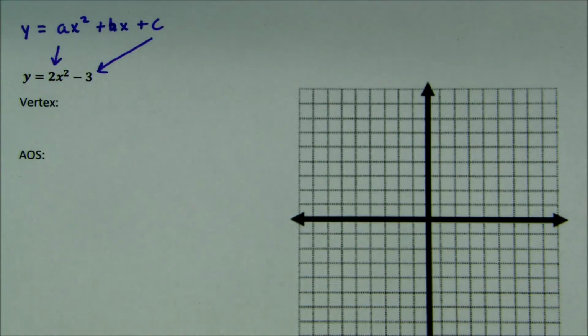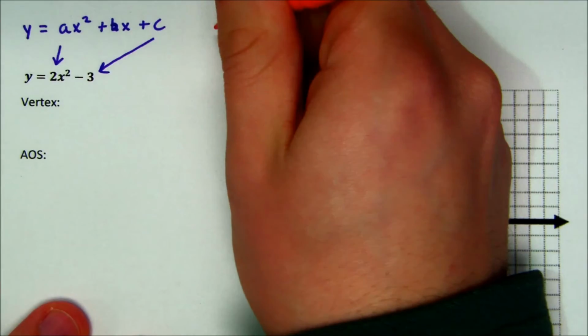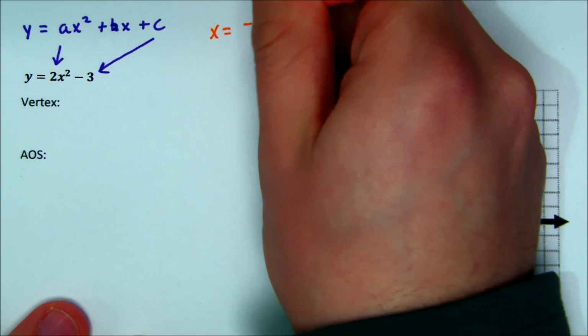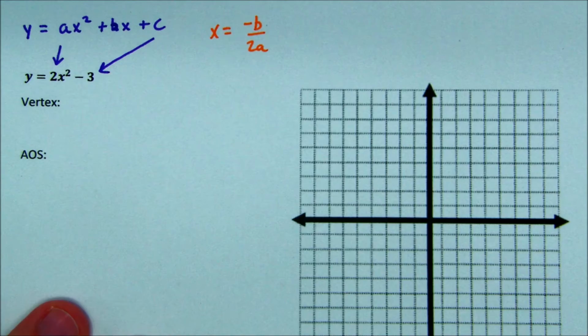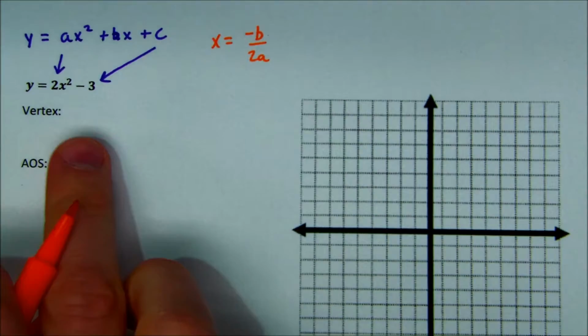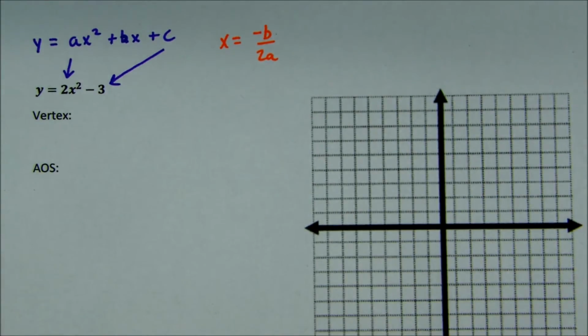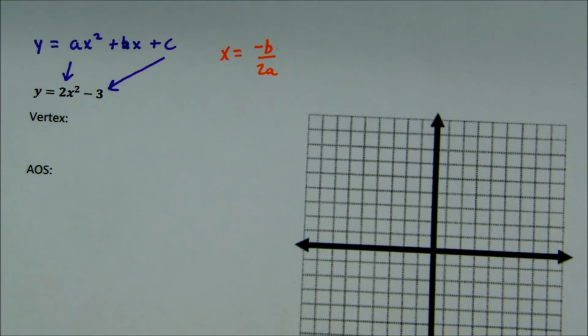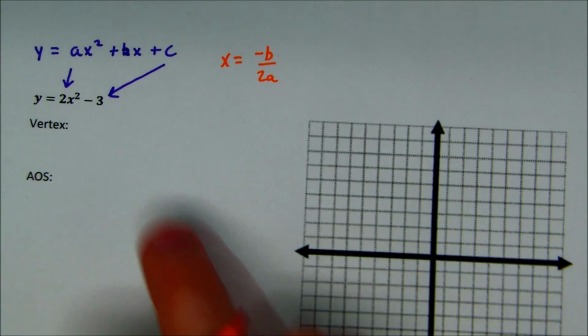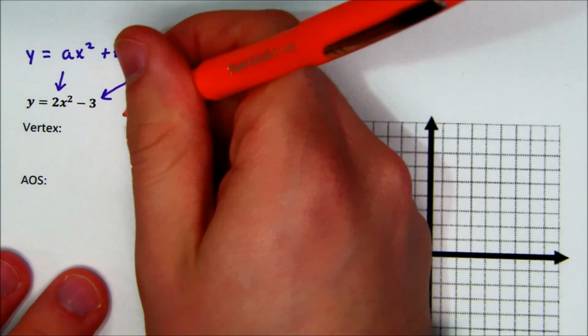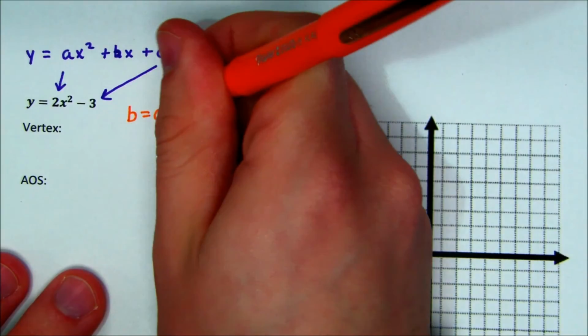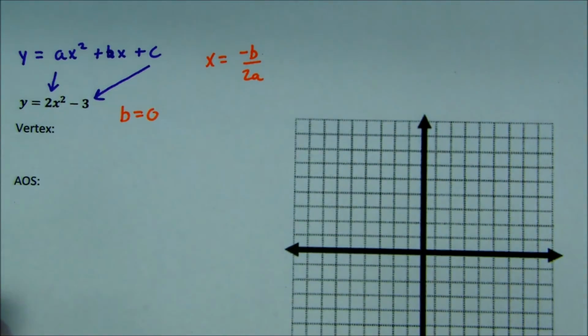So our formula we looked at to find our vertex is x equals negative b over 2a. That formula still works even though I don't quote unquote have a b. I actually do, I just can't see it. Whenever we don't have a bx term, we know that b equals 0. When this is the case, life is really good. Let me show you why.